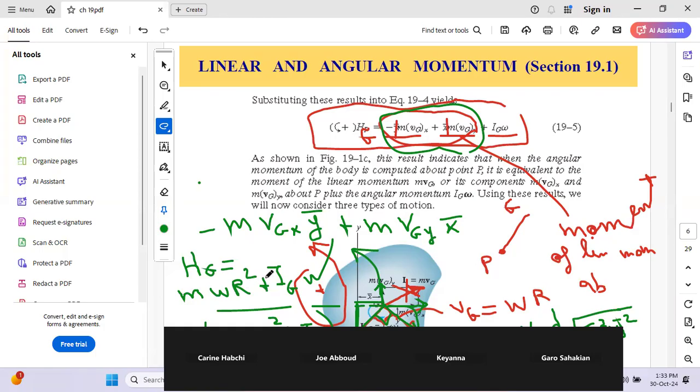So we were able to demonstrate again that if I consider a fixed point or a point with zero velocity, if it's the IC, then angular momentum about this point is inertia about this point times omega. And in case P is an arbitrary point, all I have to do to calculate the angular momentum about this arbitrary point is find the moment of linear momentum about P plus Ig omega.